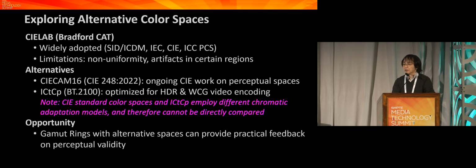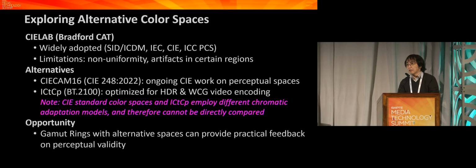Alternative color spaces would be CAM16, which is ongoing CIE work. Another alternative would be ICtCp, which was optimized for HDR and wide color gamut display encoding.